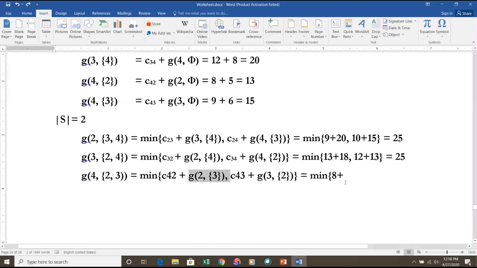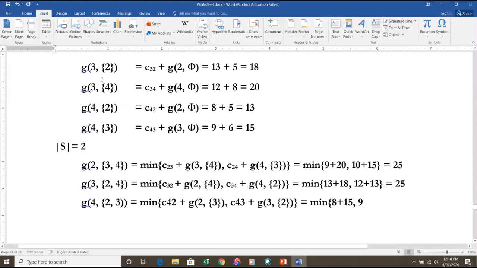So 15 comma 9. C of 4 3 is 9. 9 plus g of 3 2. G of 3 2 is 18. 15 plus 8 is 23. 18 plus 9 is 27. So 23 is minimum.